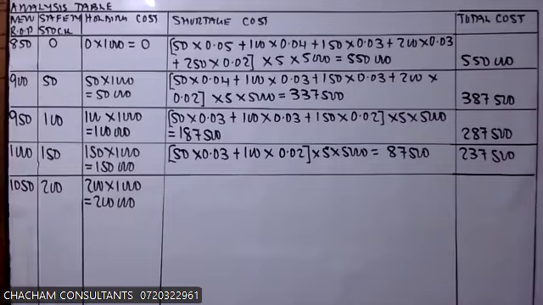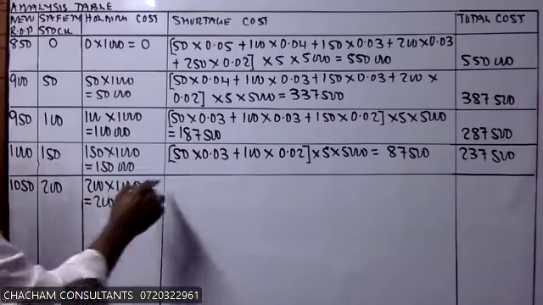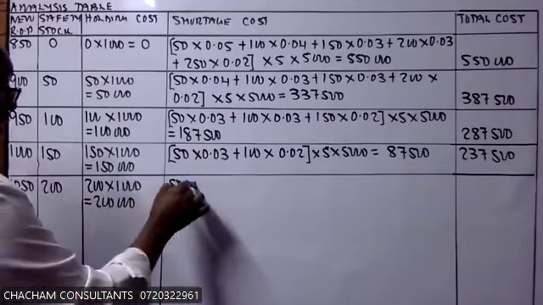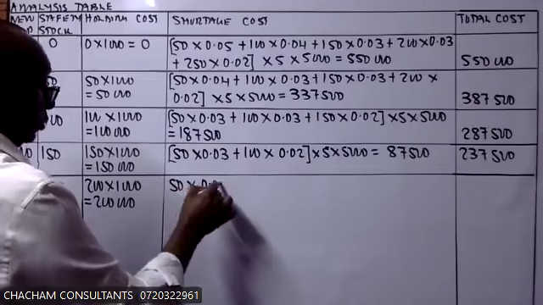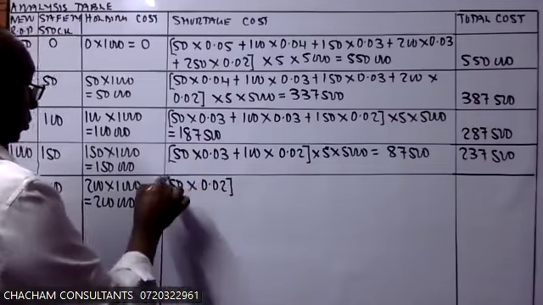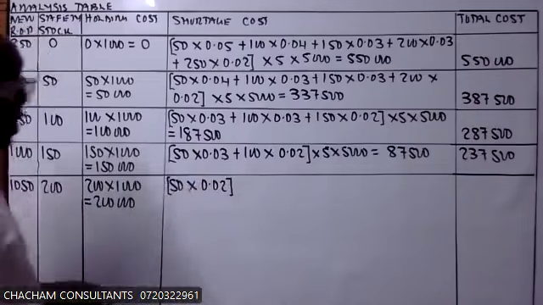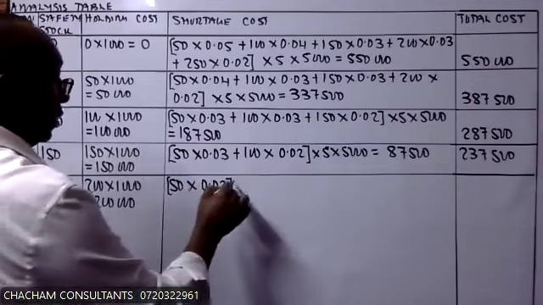At 1050, if you go beyond that to 1100, you report a shortage of 50, and the probability is 0.02. We don't have any other beyond that.